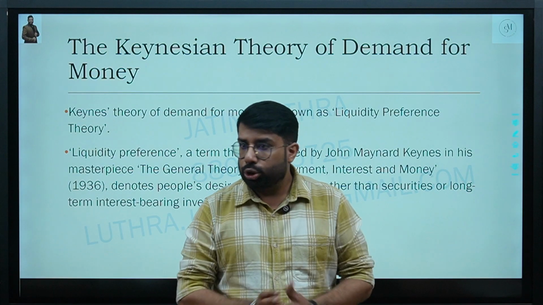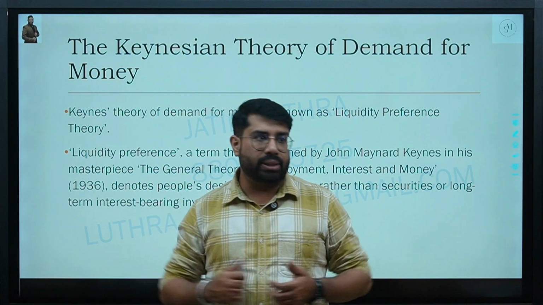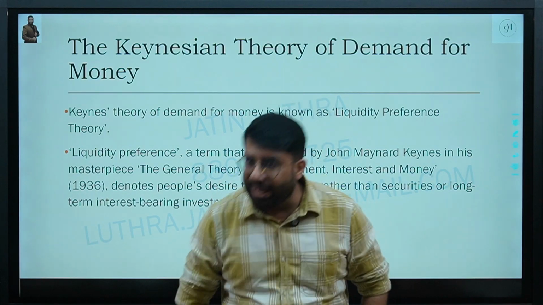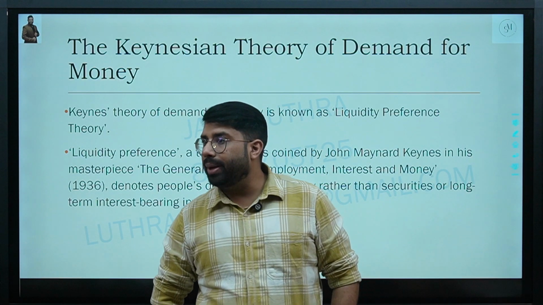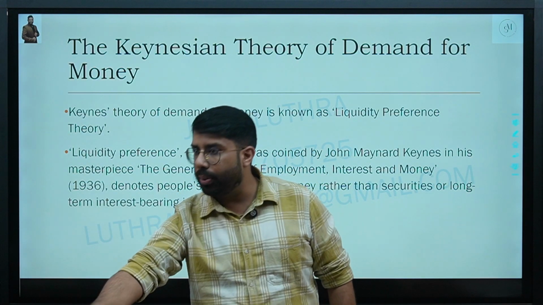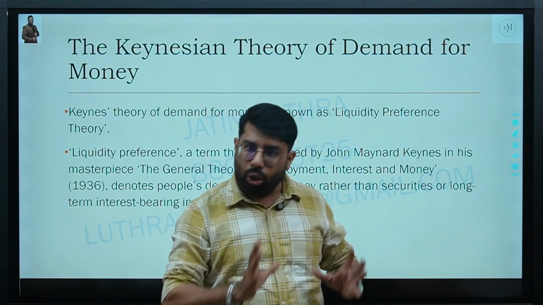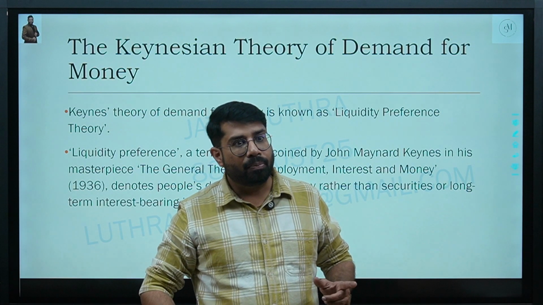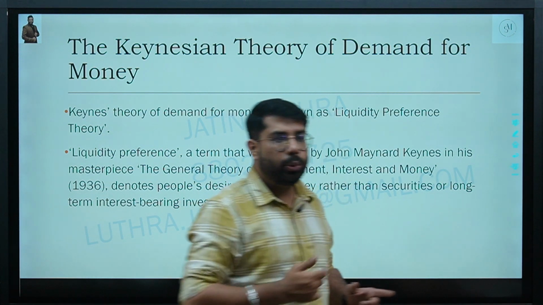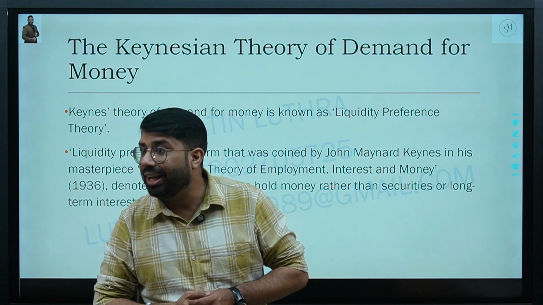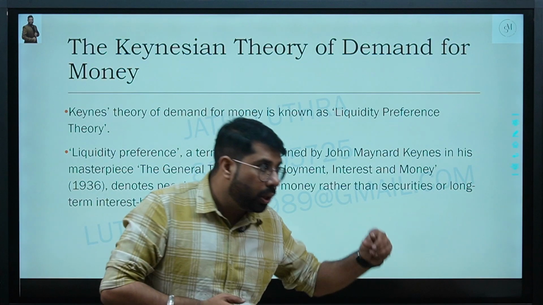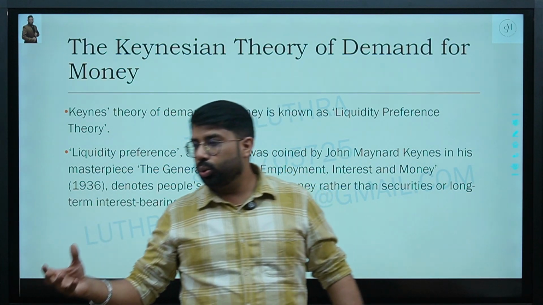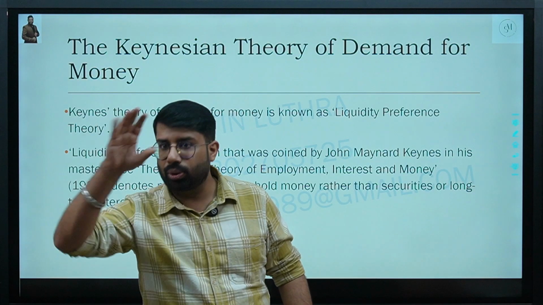So Keynes says that people either like to hold money in cash, or if they are investing, it is in such a way that it is very short term, so that whenever they need money they can quickly liquidize, convert that investment into cash and use that money to satisfy their basic needs.